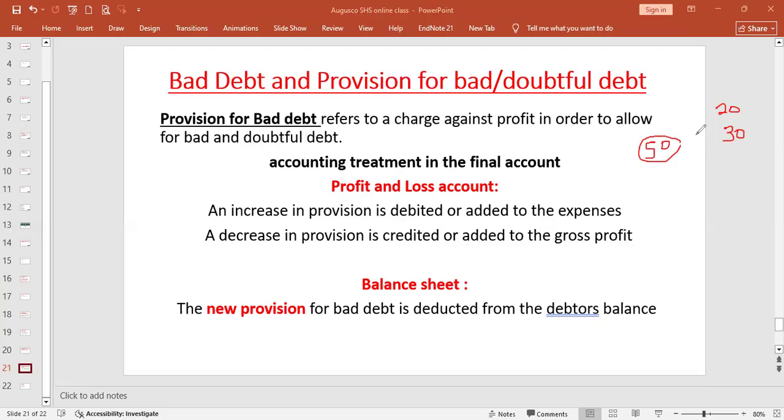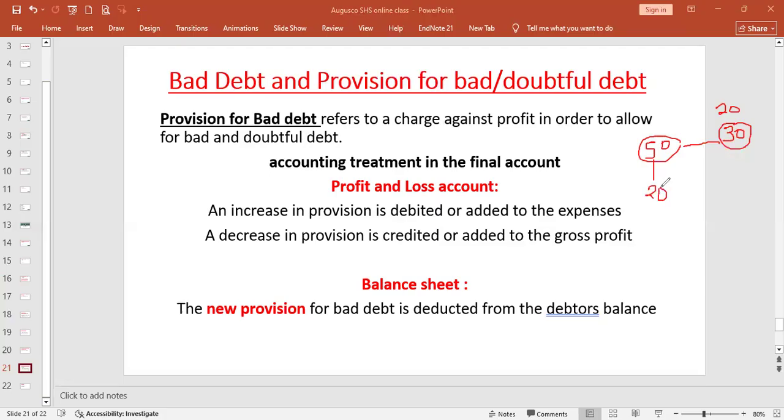Then it happens that one of them recovered and then came to pay. So he came to pay the 30 cedis. So any prudent accountant will realize that, okay, I made provision for this 50, but 30 has come to settle. So I don't need to still continue to provide 50. I have to decrease my provision from 50 to what? 20.